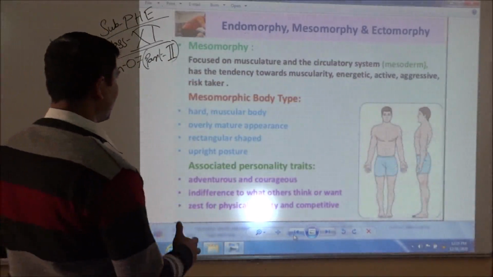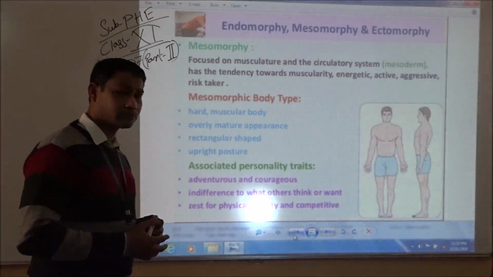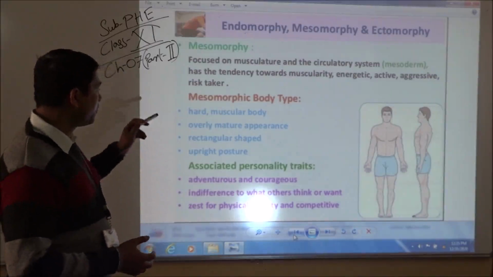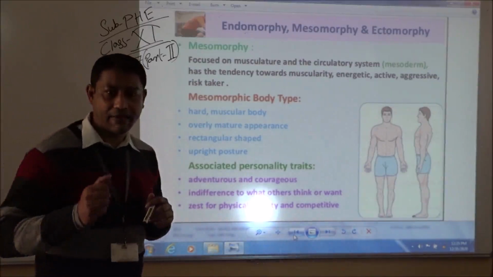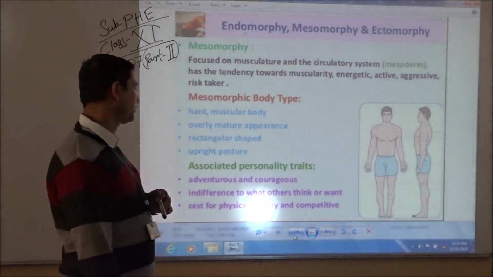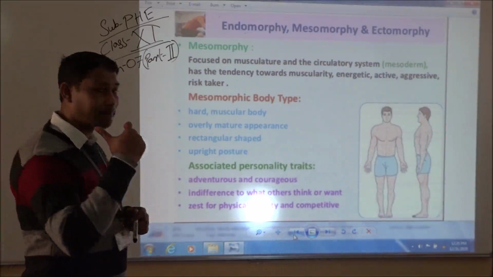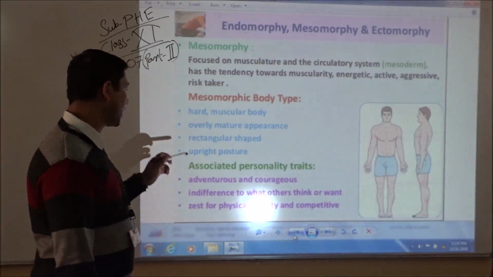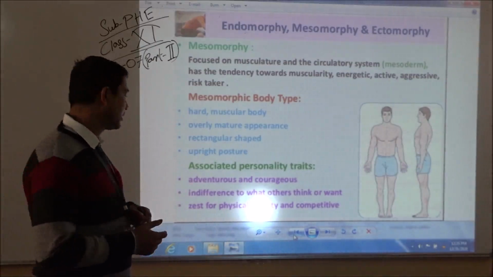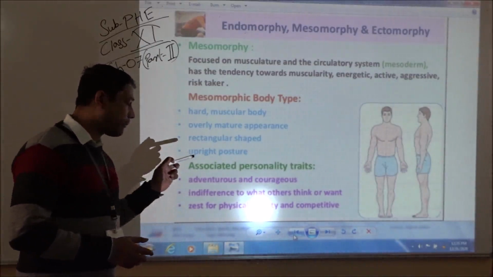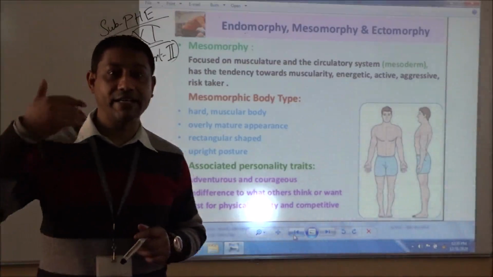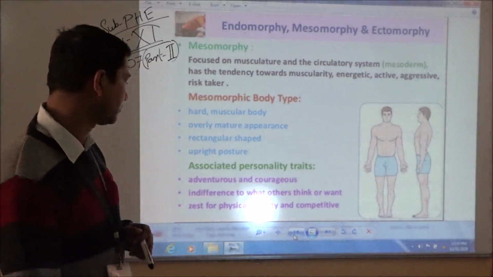Next is mesomorph. Mesomorphs have a hard and muscular body. They have an overly mature appearance. They are rectangular shaped and have an upright body posture.